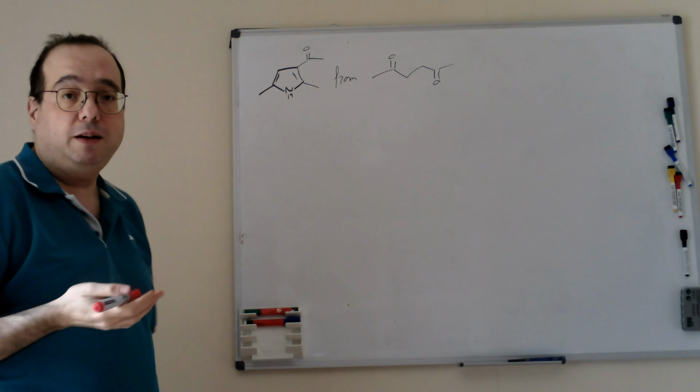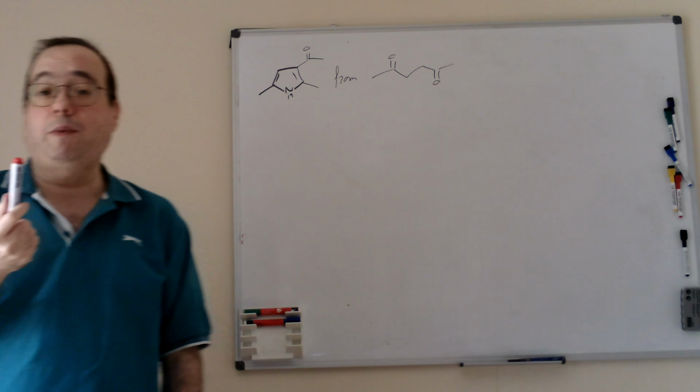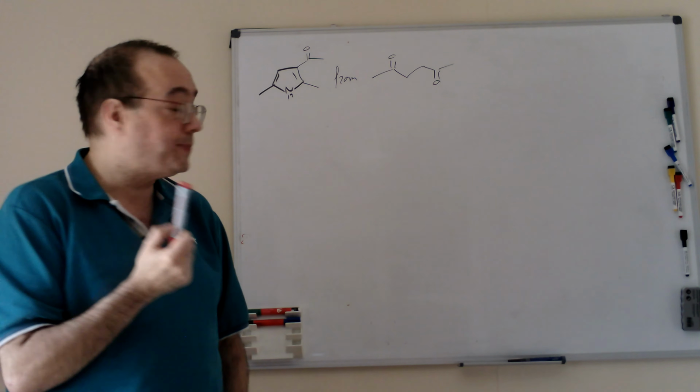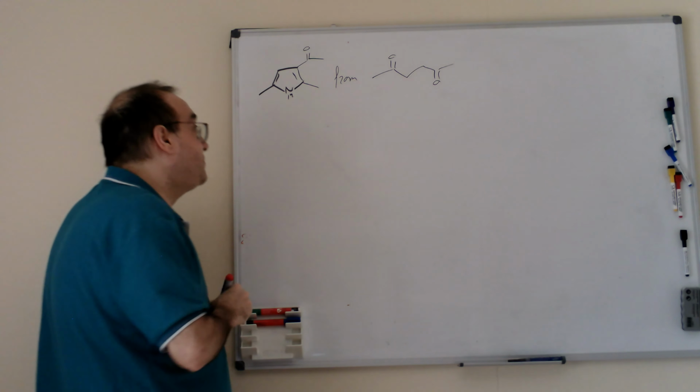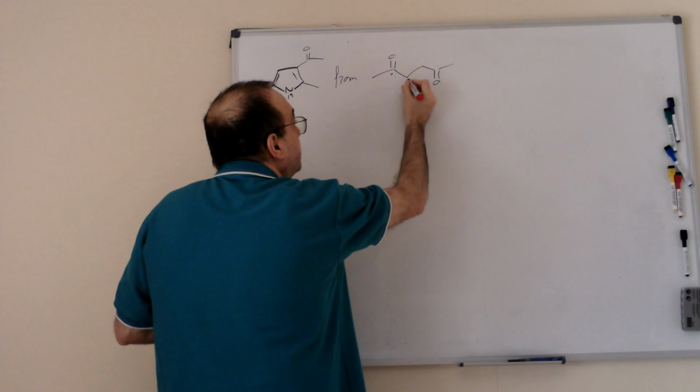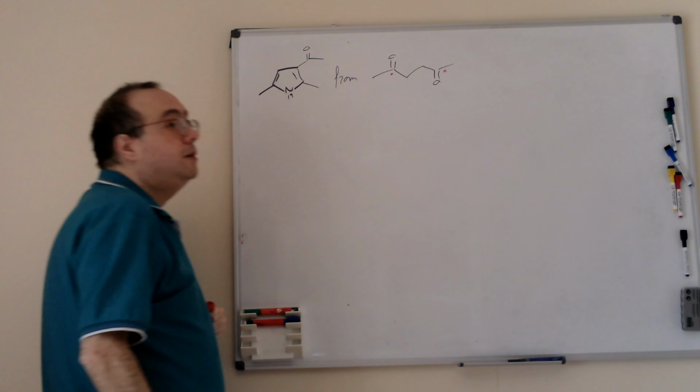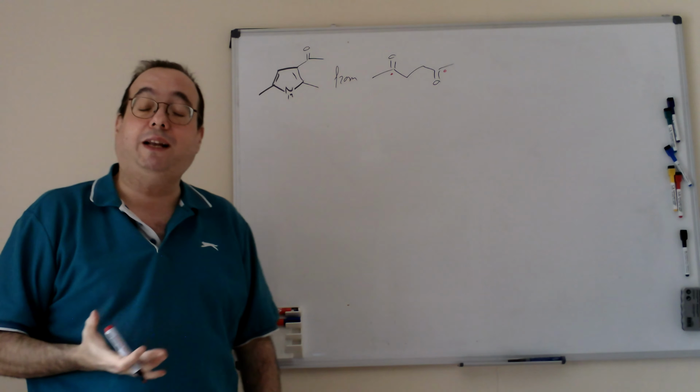Okay, this is a pyrrole. I only taught you 2 ways to form a pyrrole. Basically, one is from a 1,4-dicarbonyl compound, or from an amino ketoester.